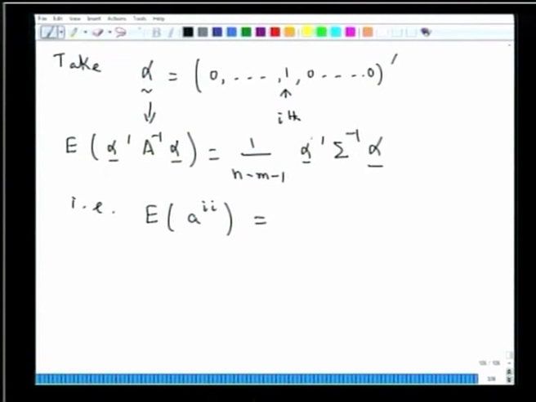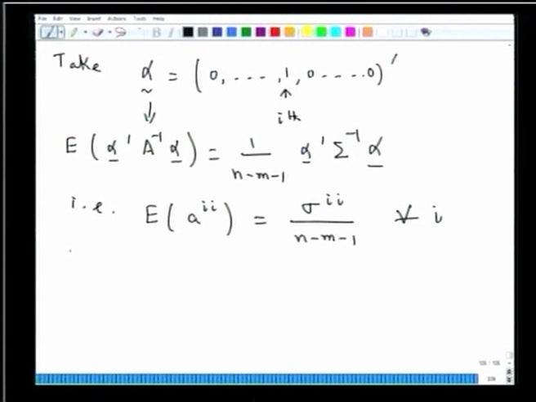That would be given by sigma upper ii, the ith element of this sigma inverse matrix, divided by n minus m minus 1. This is going to be true for every i. So we have obtained that expectation of A upper ii is equal to sigma upper ii by this.